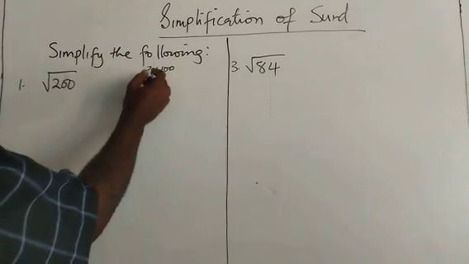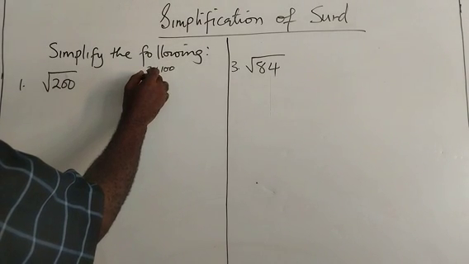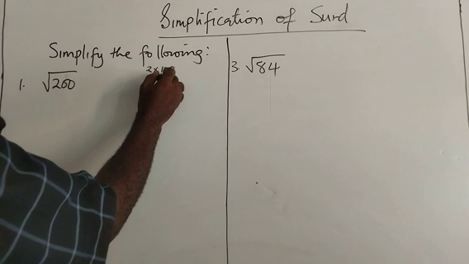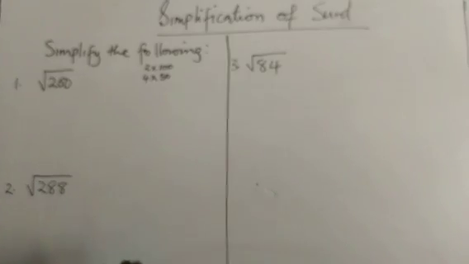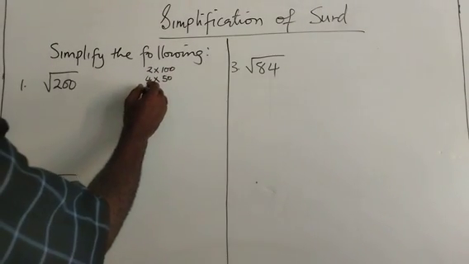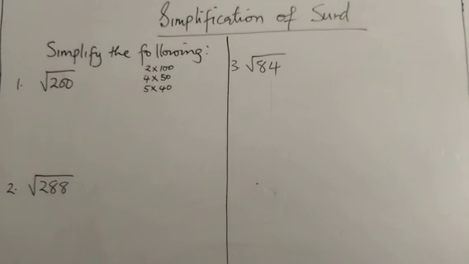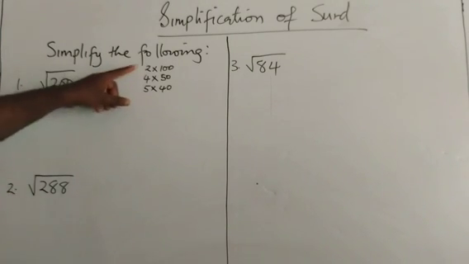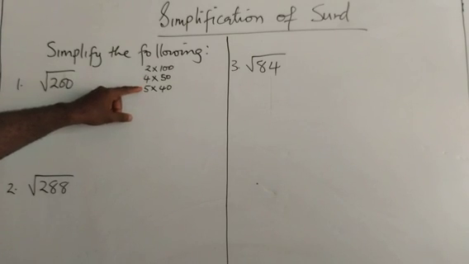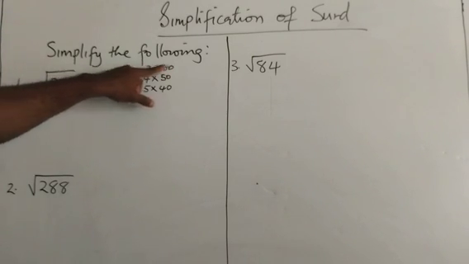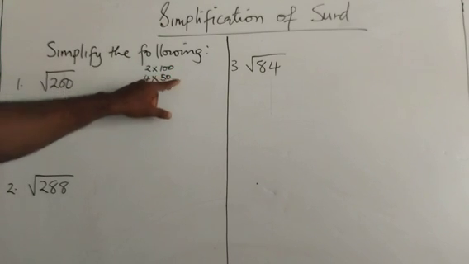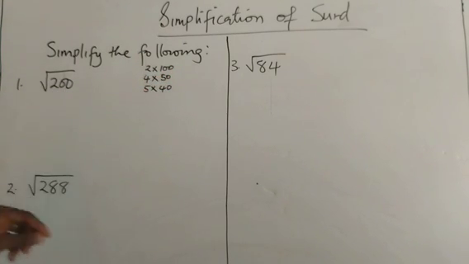We also have 4 times 50. And we have 5 times 40, and so on and so forth. If you look at each combination here, 2 and 100, 4 and 50, 5 and 40.